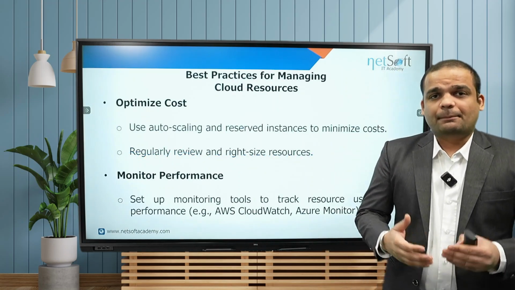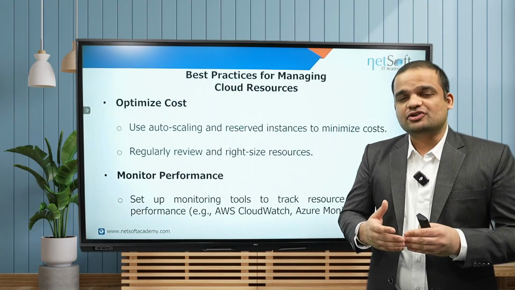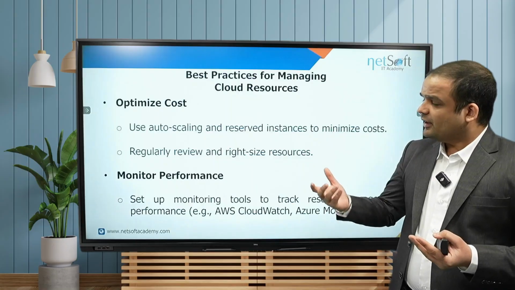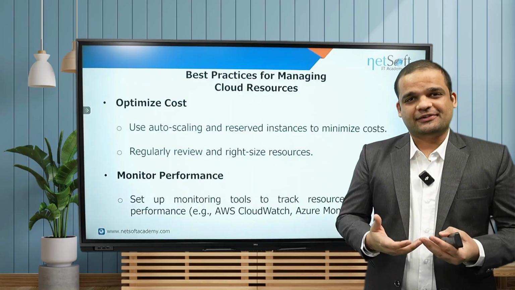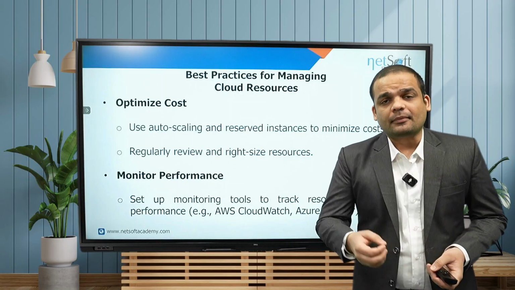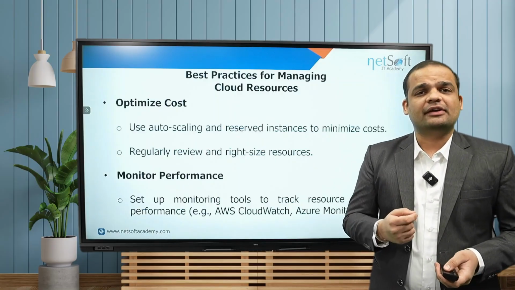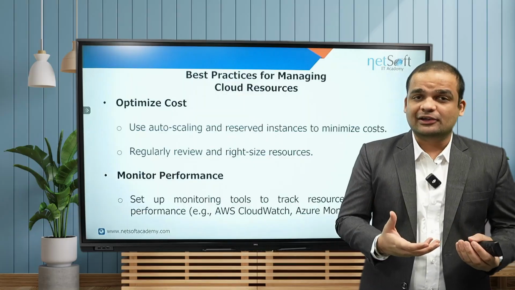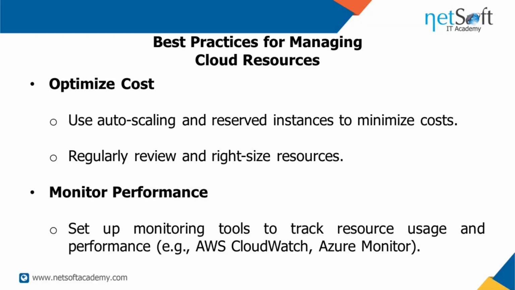So let's talk about the best practices for managing cloud resources. The first one is optimize cost. Managing costs effectively is actually a key to maximizing cloud value for an organization.